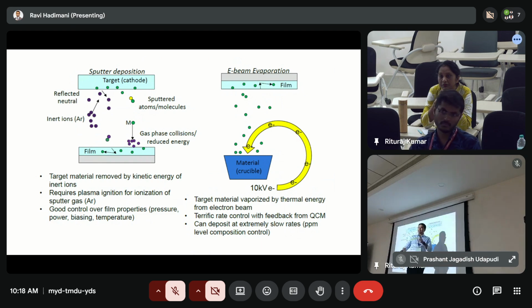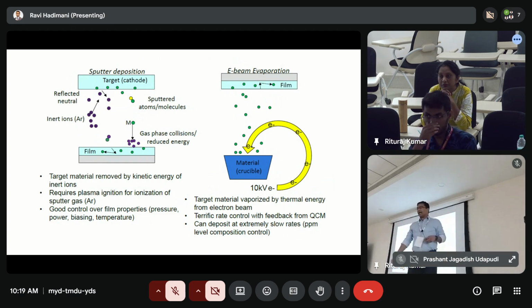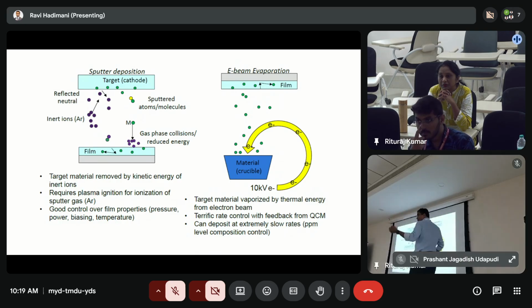When they hit, they knock off atoms from the target. The target is what you want to deposit. It could be silver, gold, platinum, iron oxide, rhodium, whatever. It could be a compound, not just an element, such as gadolinium silicide.